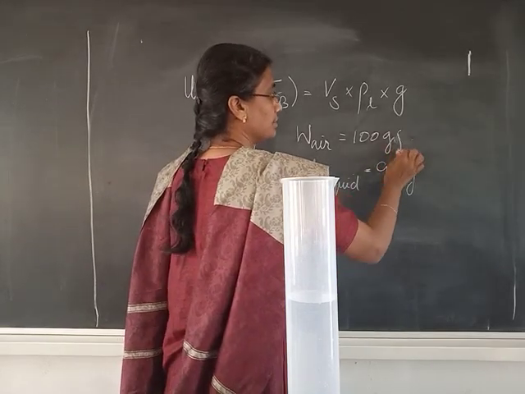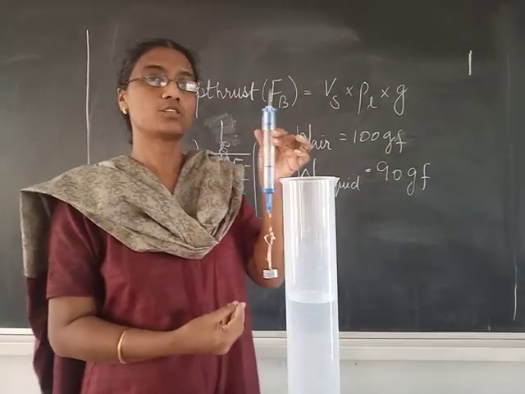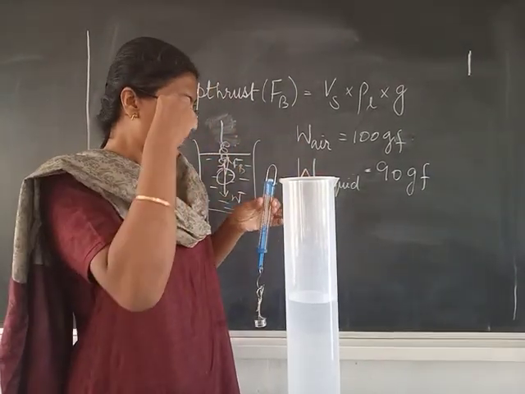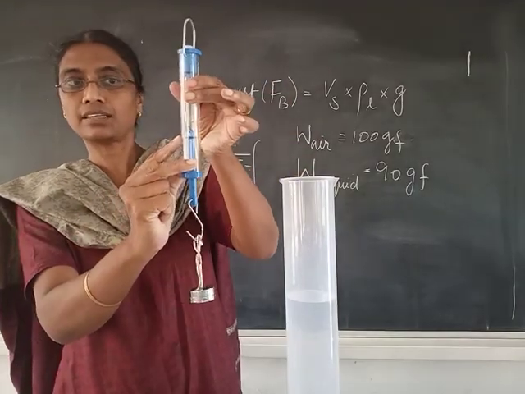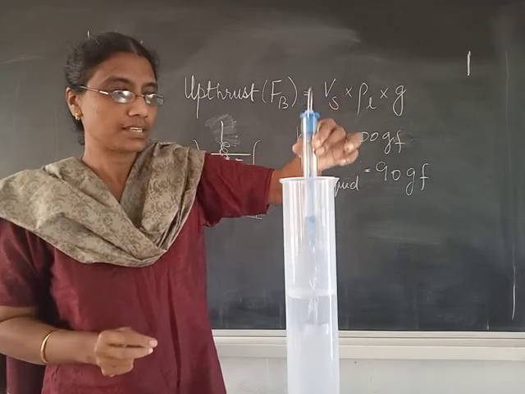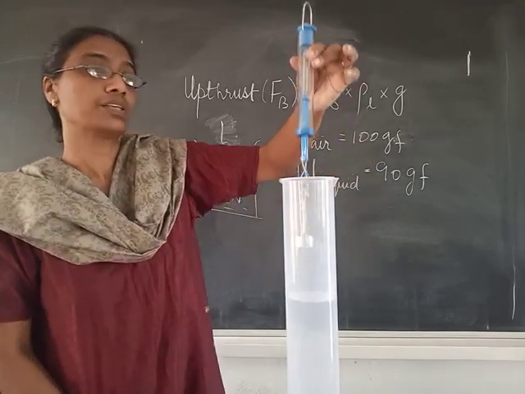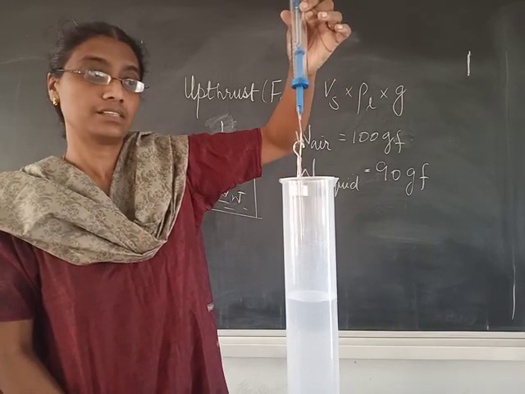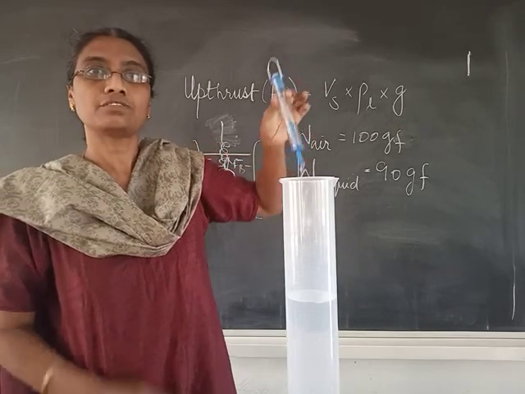We use the unit gram force because this is weight. It's not mass, it's weight. So weight in air, when I weighed it outside, is showing 100 gram force. But when I put it inside water, its weight decreased and it's only showing 90 gram force. Are you able to understand? This is the effect of upthrust.